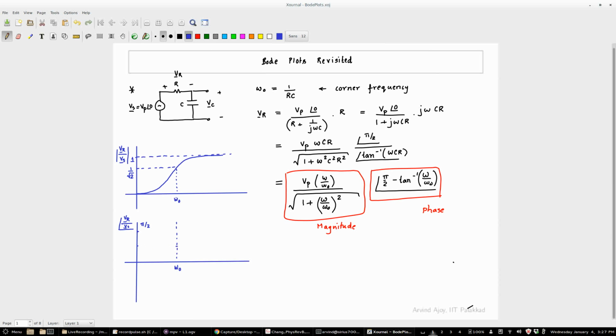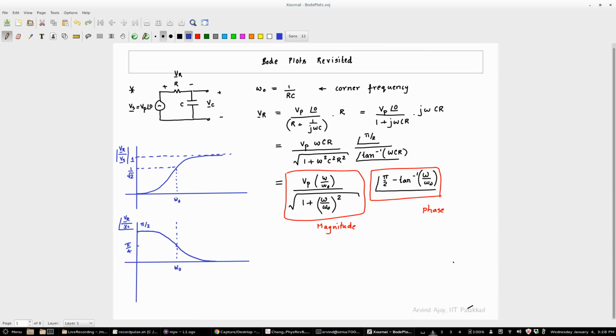What is the phase angle? At omega being 0 it is 90 degrees, right? So the phase angle is pi by 2. Then at omega equal to omega 0, what happens?